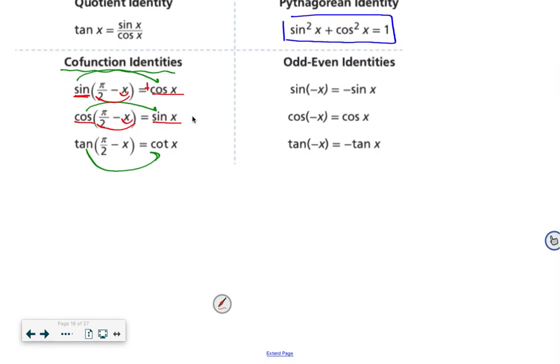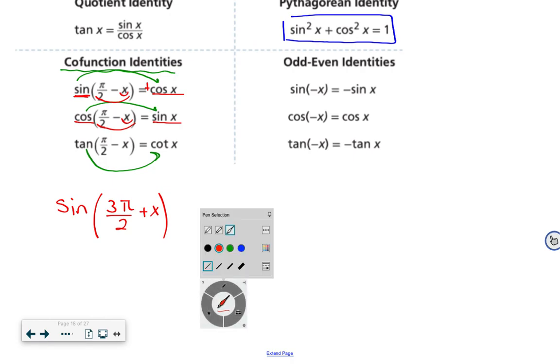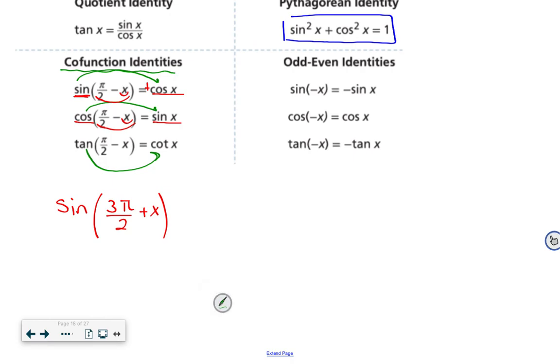What about sine of 3 pi over 2 plus x? As I told you, if we add or subtract any measure of angle to both 90 or 270, trigonometric functions are going to change their names. We know that sine is going to become cosine x.